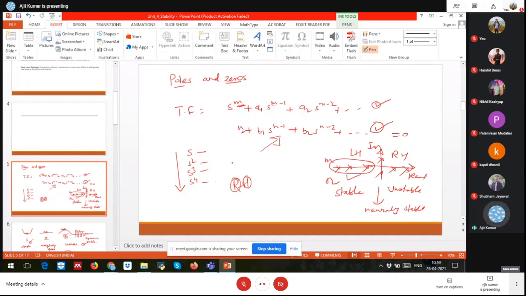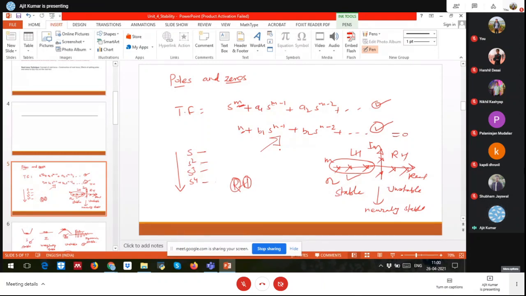So we have to ensure that for whatever characteristic equation you have taken for an nth order system, all the roots, which are known as poles, lie in the left half of the plane. For lower orders, first, second, third, fourth, we can easily find roots with manual algebraic manipulations. But when the order increases, it is difficult to find roots of that equation.